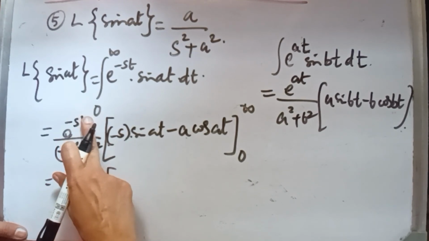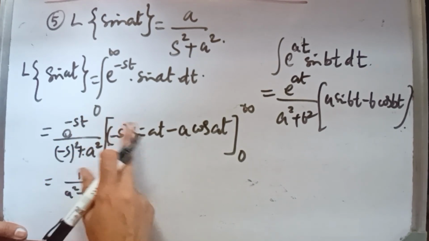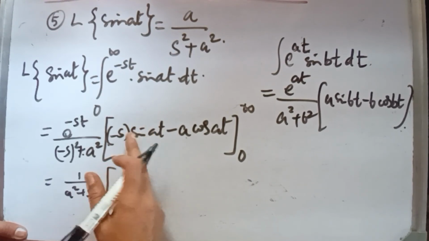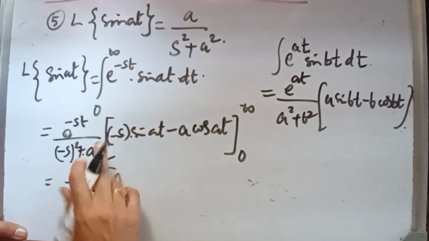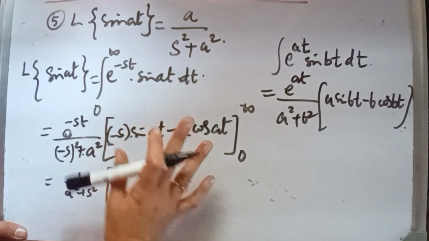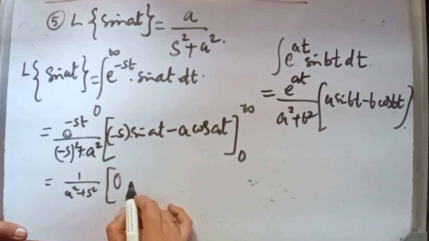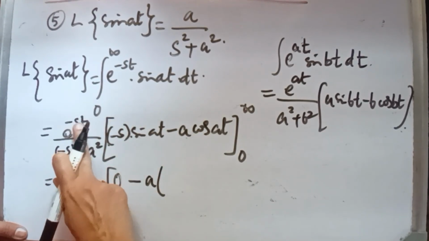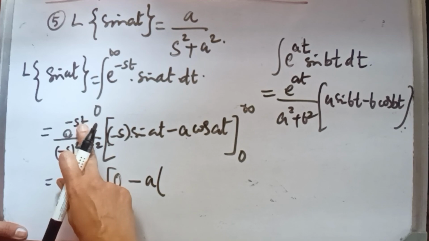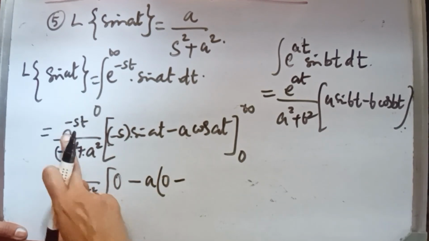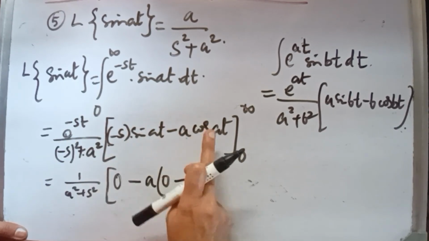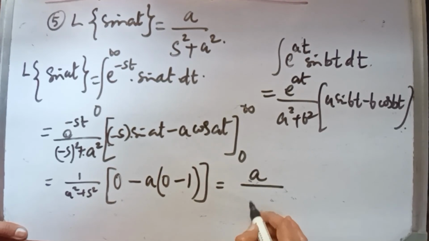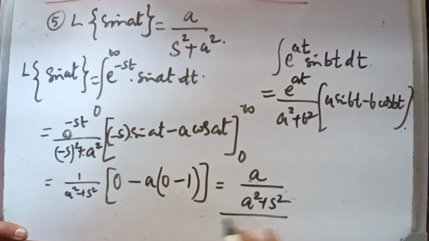For the first term, e power minus infinity gives 0 at the upper limit, and at the lower limit sin 0 is 0, so both limits give 0. For the second term, minus a is a constant with e power minus st: the upper limit e power minus infinity is 0, minus the lower limit e power 0, which is 1, and cos of 0 is also 1. So this gives you a divided by a square plus s square. That is the required answer.